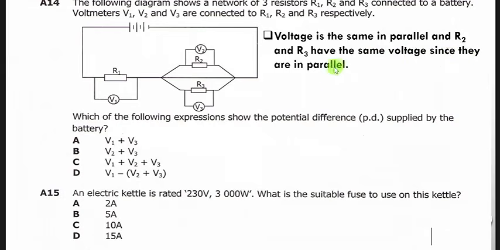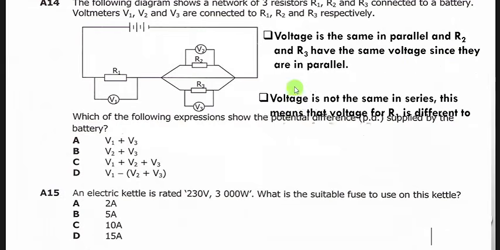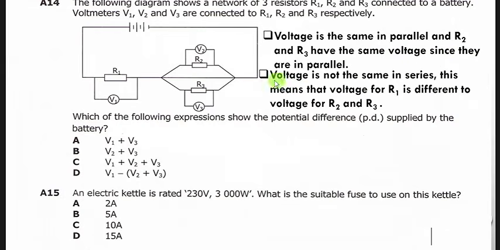Then another point to note is that voltage is not the same in series. So this resistor and these two are now in series. So voltage will not be the same.